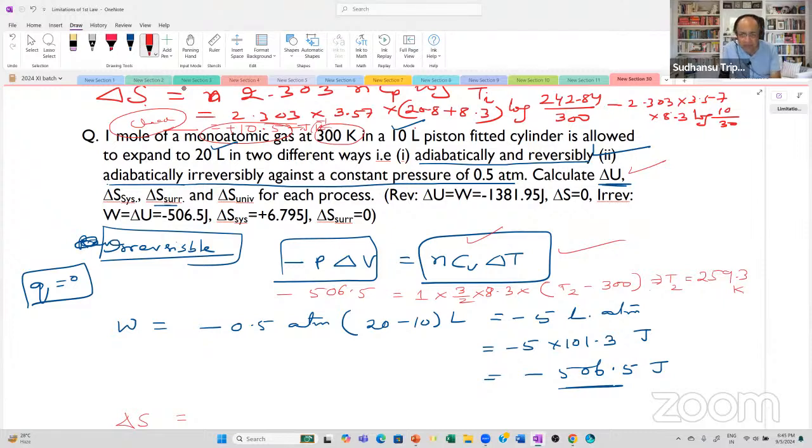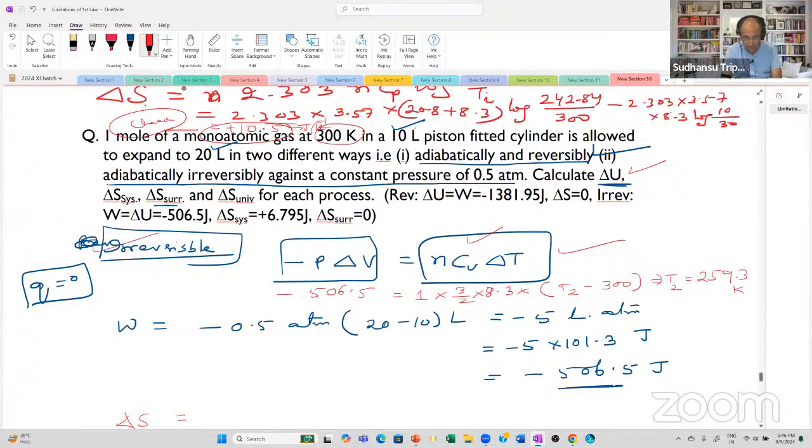In the case of a reversible expansion to the same volume, is the final temperature greater than 259.3 or will it be lower than 259.3? Sami, will you try? Sir, can you repeat the question? Yes, I am repeating the question.